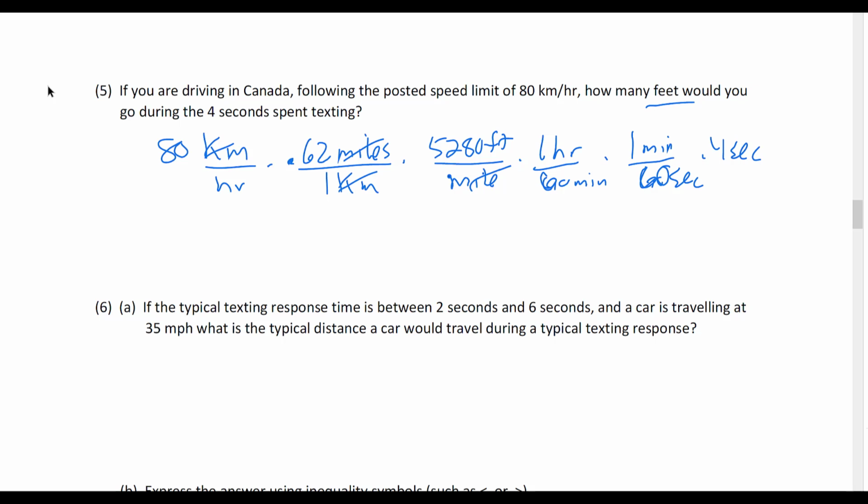So that lets our hours cancel, our minutes cancel, and our seconds cancel. So we do 80 times 0.62 times 5,280 divided by 60 divided by 60 times 4.